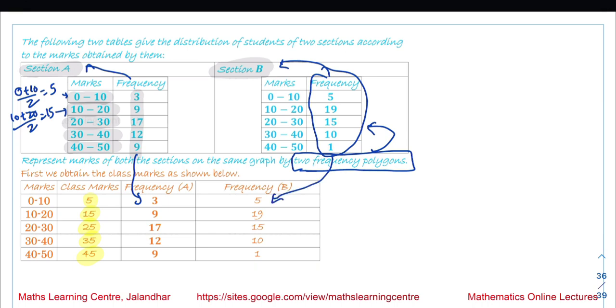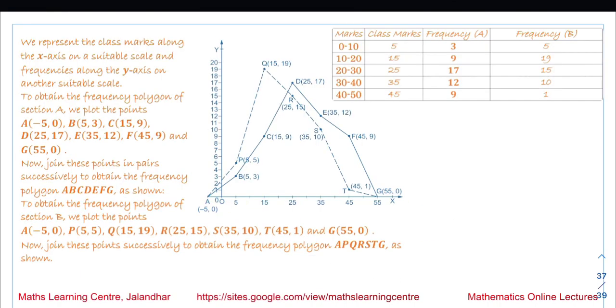So when we plot these points, on the x-axis we have the class marks, and on the y-axis we have plotted the frequency.